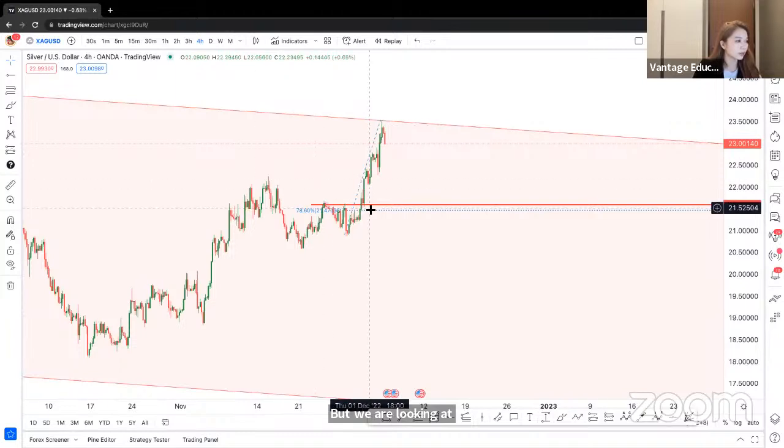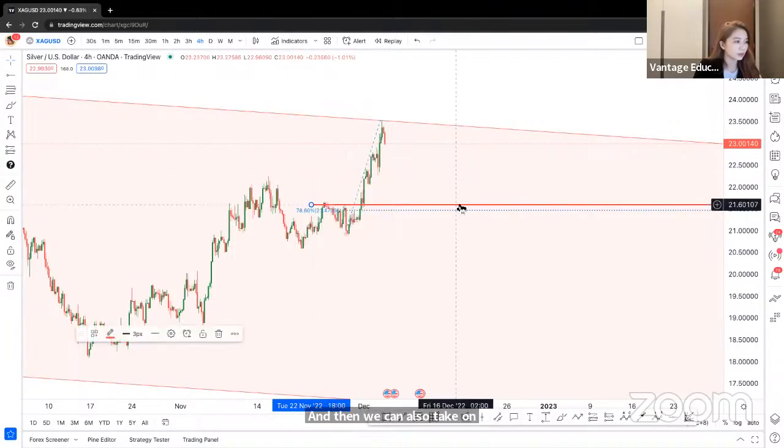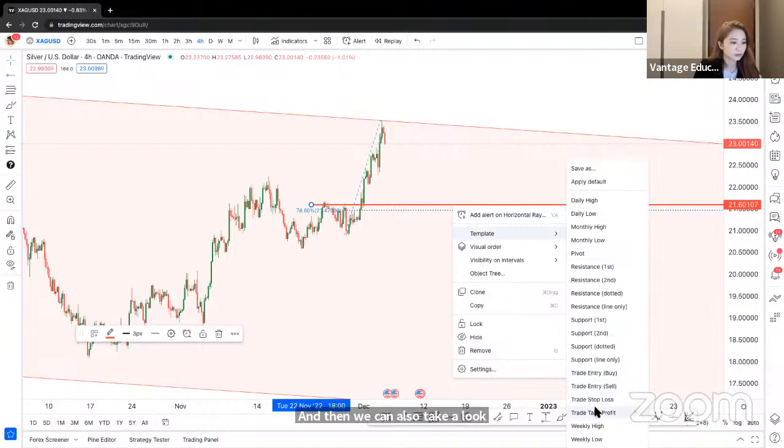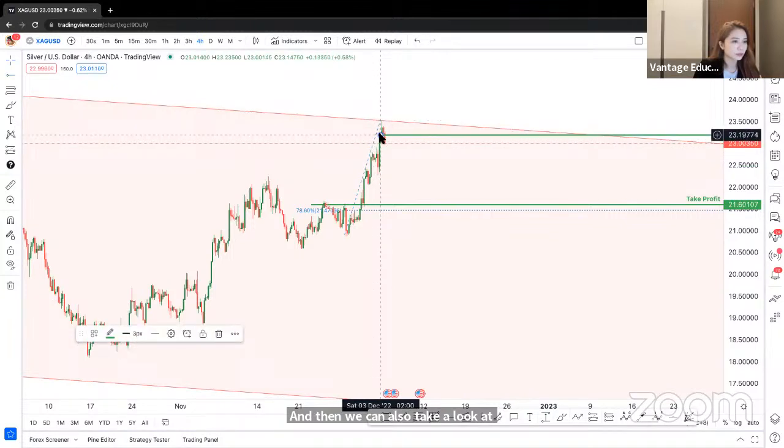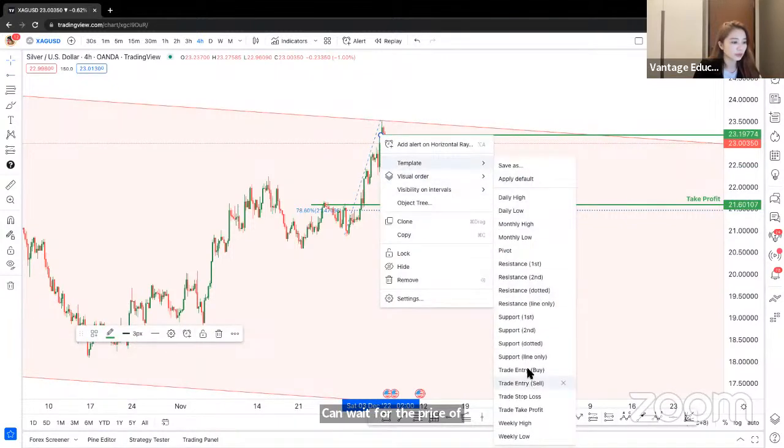And then we can also wait for the price to slightly retrace, looking at here.